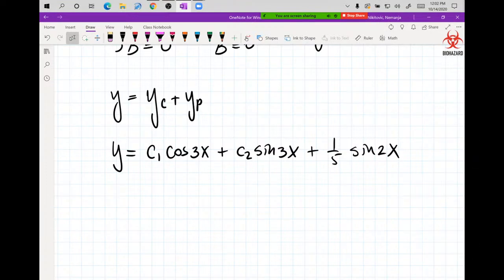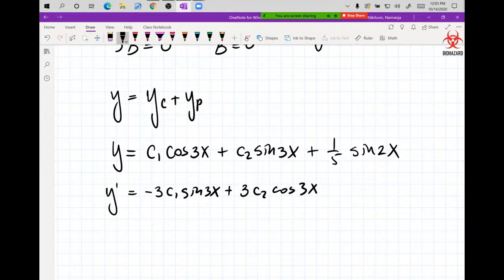Remember, we have the initial conditions, so we can compute C1 and C2. For that, we'll need y prime, which is negative 3c1 sine 3x plus 3c2 cosine 3x plus 2/5 cosine 2x when you take the derivative.